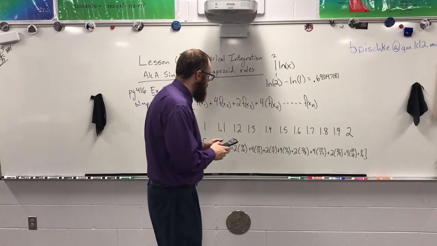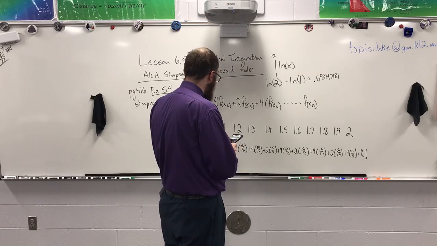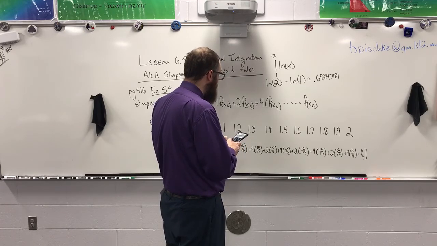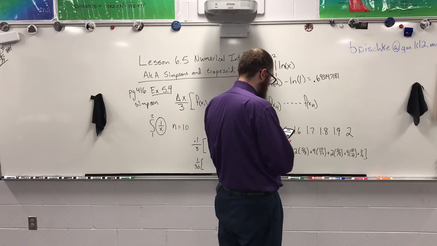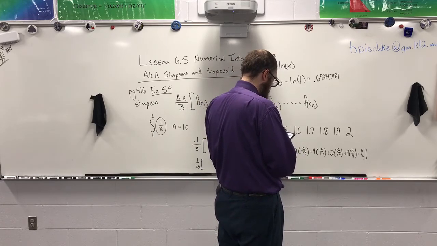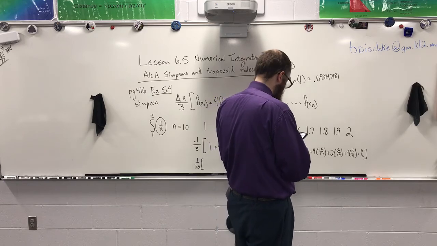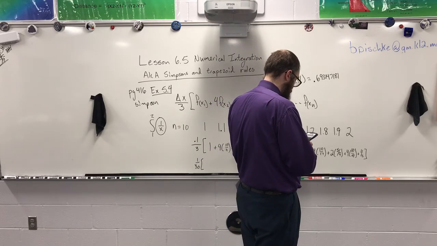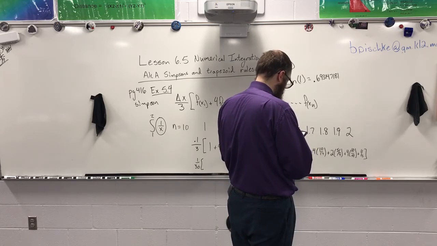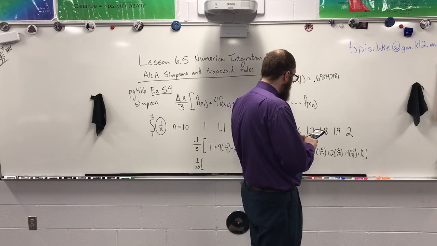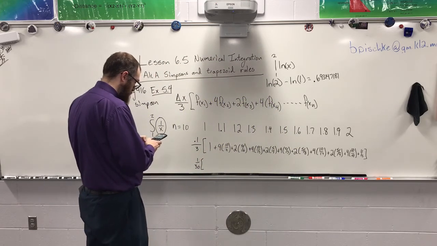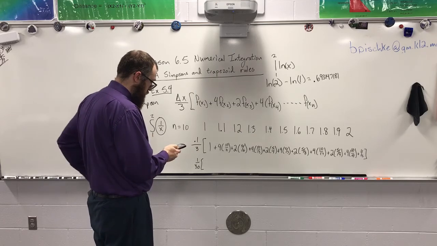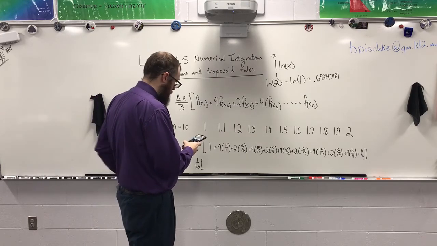I think I got it. Plus 2 times 5/8 plus 4 times 10/17 plus 2 times 5/9 plus 4 times 10/19 plus 0.5 times 1/30. I must have screwed something up. Let me try again. That's what I was afraid of.